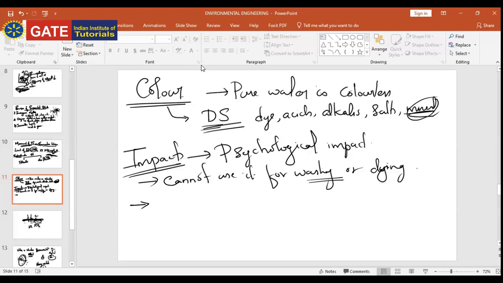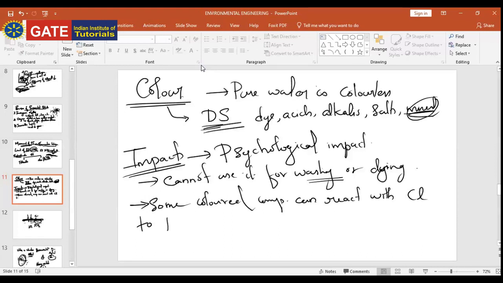So what are carcinogenic compounds? Cancer causing compounds, right? So some colored compounds can react with chlorine to produce carcinogenic compounds.